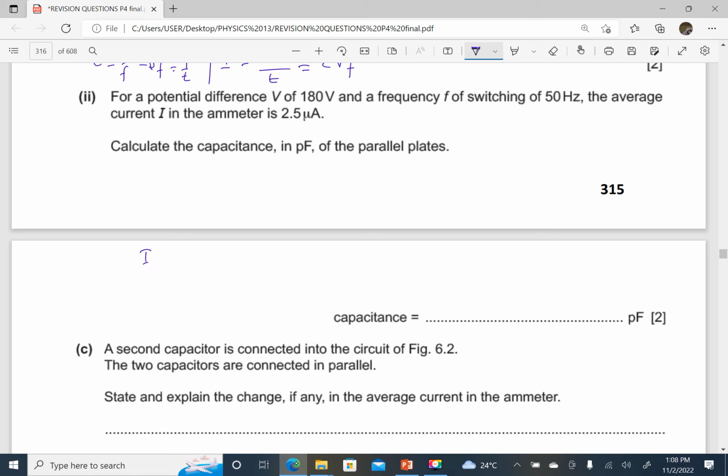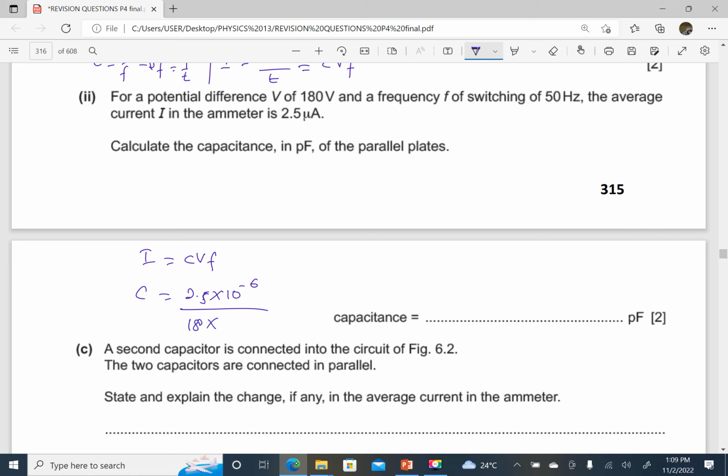Since I has been got as CV times F, we want to find the capacitance. So capacitance C is going to be the current, which is 2.5 times 10 power negative 6, divided by V, which is 180, times the frequency, which is 50.